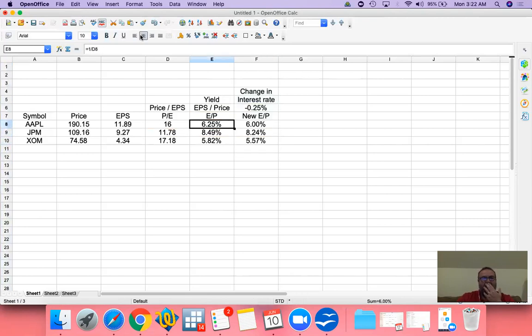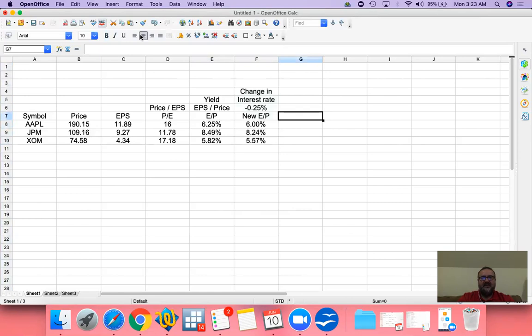Meaning, Apple had an earnings yield of 6.25%. Now, after the Fed reduces interest rates by 0.25%, we would expect Apple's yield to go down to 6%. JP Morgan Chase yield from 8.49% down to 8.24%, and then Exxon 5.82% down to 5.57%.